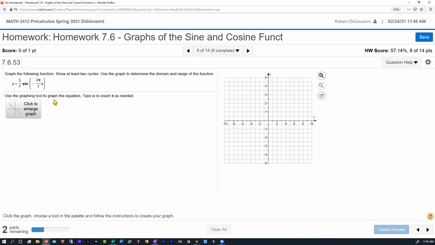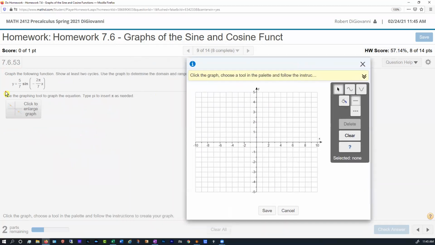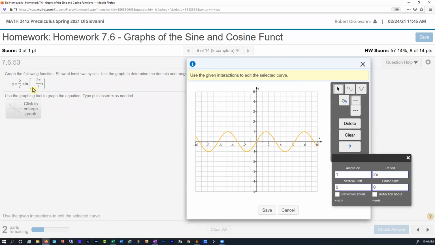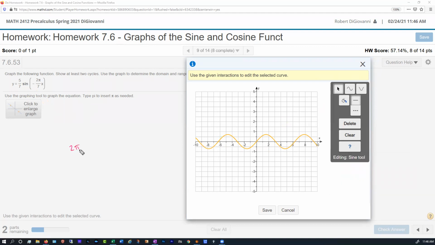Okay, so for this one, let's see if we can do this all without having to, well, we might have to write a little bit of stuff down here. So this is a sine function. Here we go, sine. The amplitude is 5/7. The period, here I'll have to do that over here. The period is going to be 2 pi over negative 2 pi over 7.